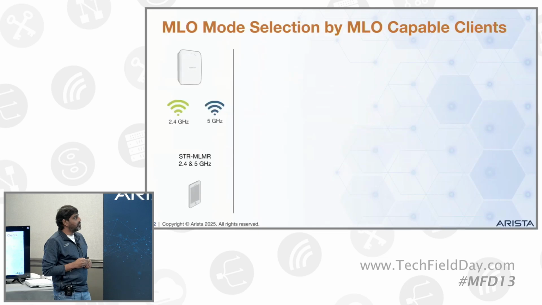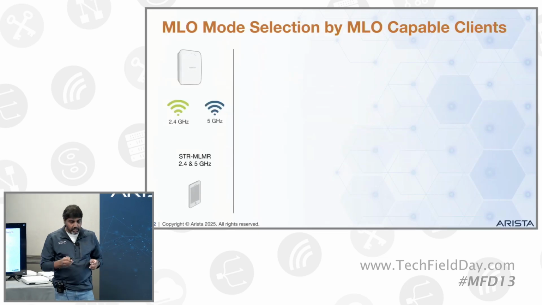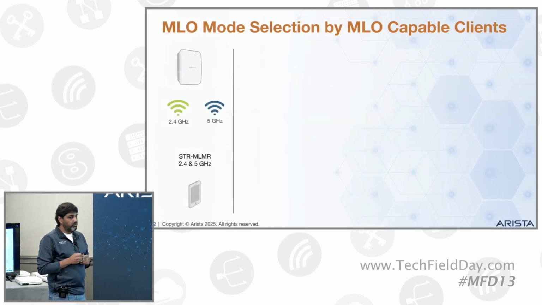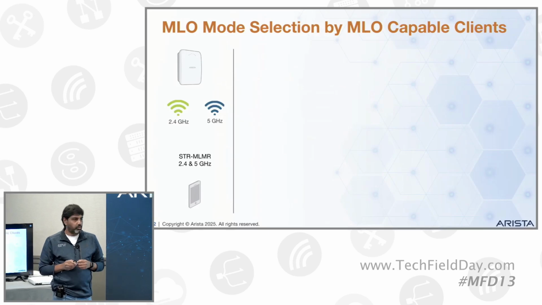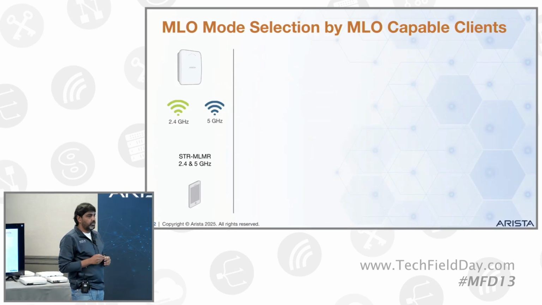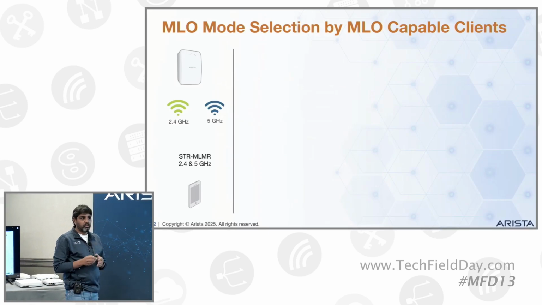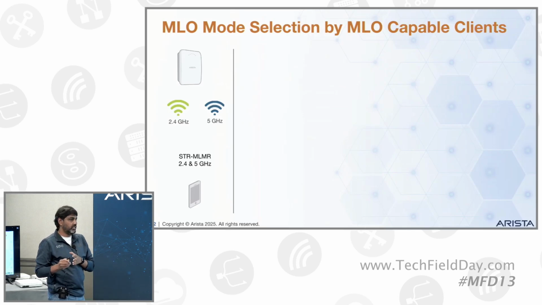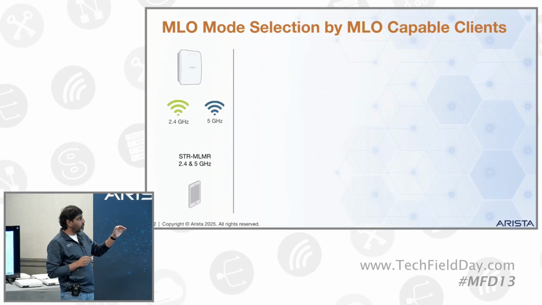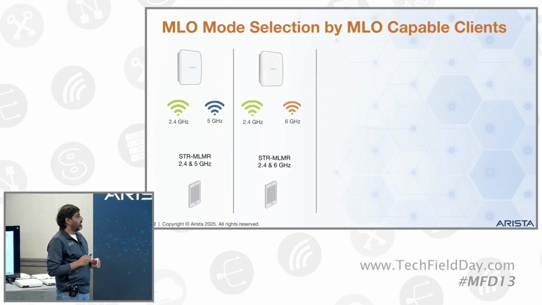And what we have seen over a period of time is we need to have a proper SSID strategy, right? What happens when you have SSIDs on 2.4, 5 and 6 gigahertz bands compared to having only 5 and 6? When you have SSIDs on 2.4 and 5, the client mostly connects in STR-MLMR. And if you have it on 2.4 and 6, it connects as STR-MLMR.